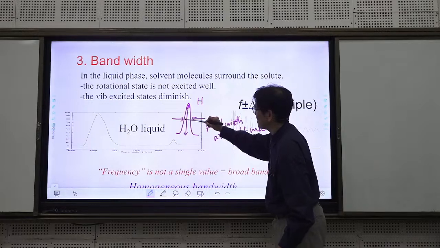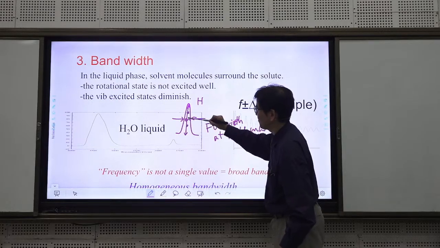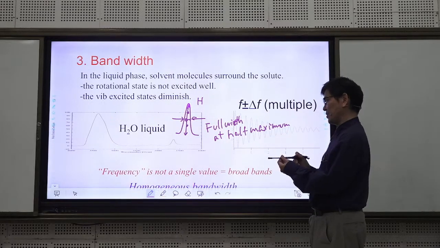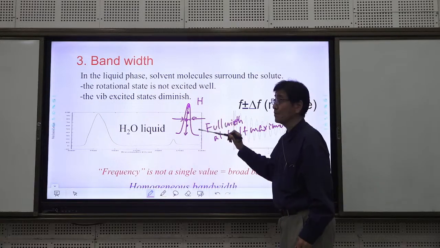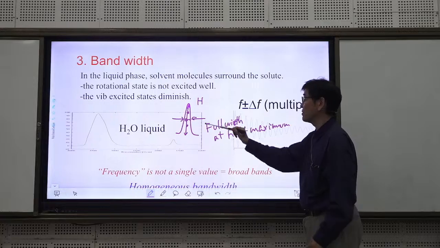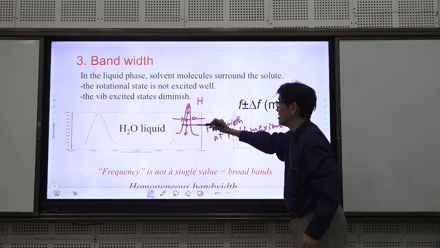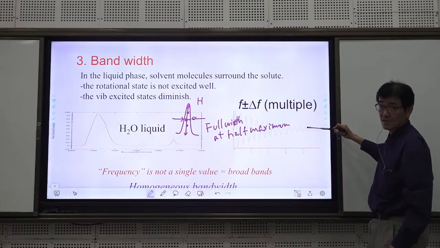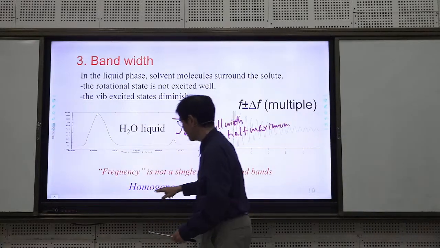Full width at half maximum. And in my experience, it is 20 wave number or so with a resolution of 8 wave number. And this width is determined by the lifetime of the vibration. We call it homogeneous bandwidth.